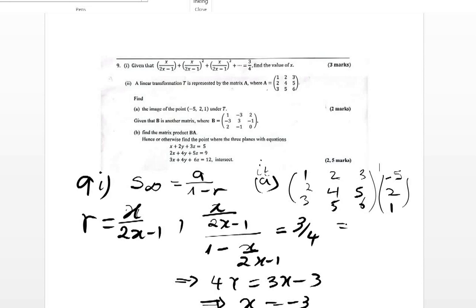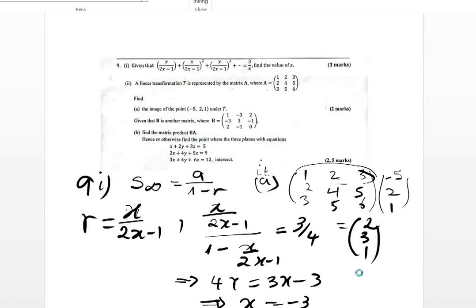If the answer said the image was that, and you had to find the object point, you take the inverse and multiply by the image to find the point. So we have 1 times negative 5 plus 2 times 2 here, take the row, multiply, 2 negative 5 plus 4 negative 1 plus 3, it gives us 2. Likewise you do the same here, it gives 2 3 1. So the image of negative 5 2 1 is 2 3 1.